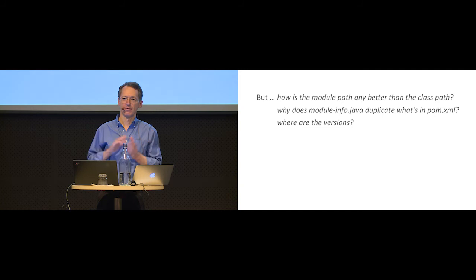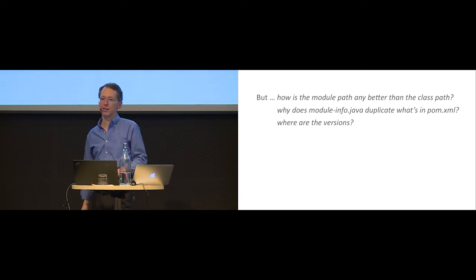Where are the versions? I answered this question in the Q&A session we had about an hour ago. We made a strategic decision after doing the first Jigsaw prototype, which did handle versions and all these kinds of fancy stuff. We made the decision to simplify and not solve the version selection problem.